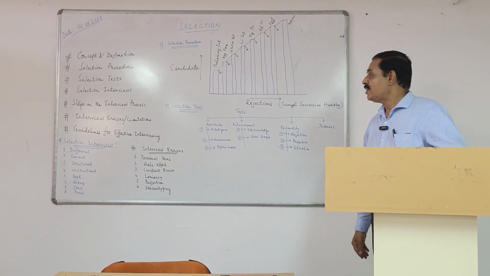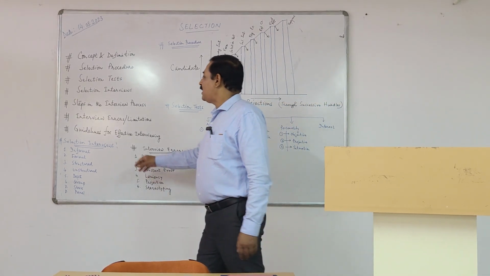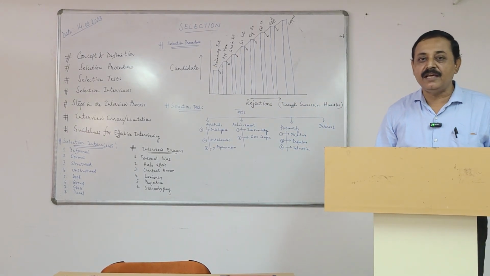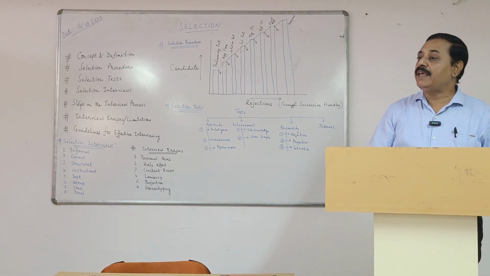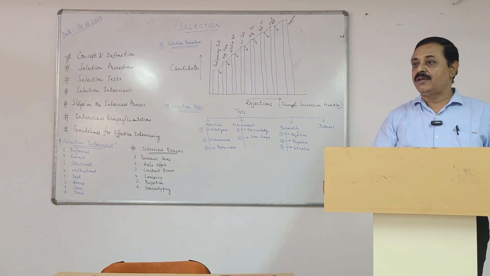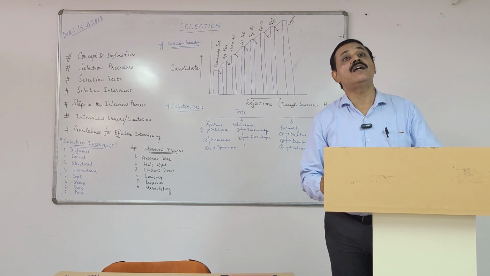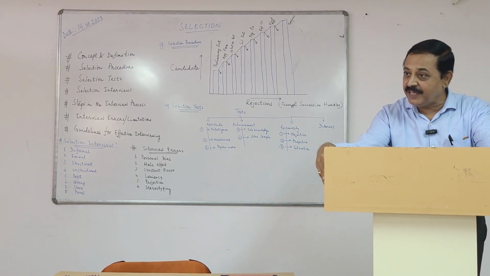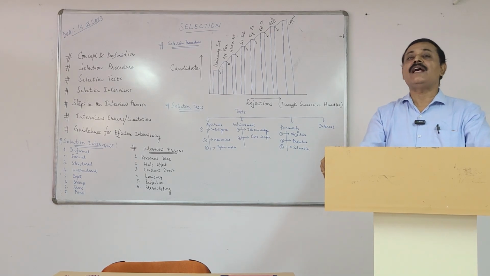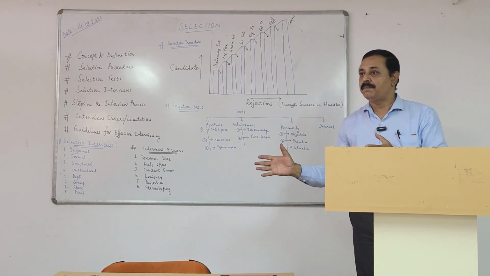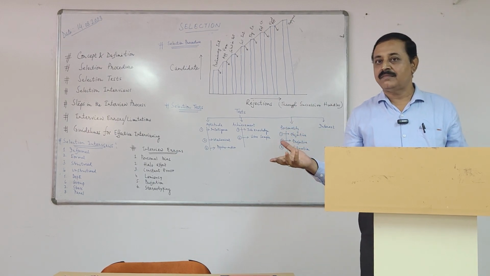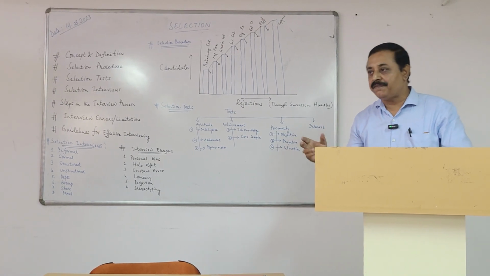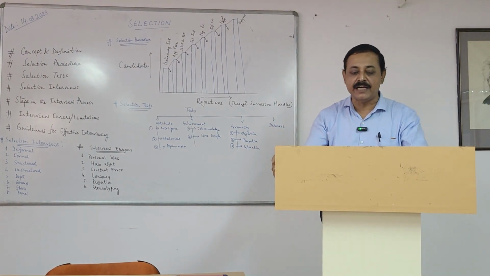Then, the last but not the least, is the guidelines for effective interviewing. What guidelines we must adhere to in order to have effective interviewing? So there has to be a definite time schedule prefixed already, right? Definite time schedule must be strictly adhered to.